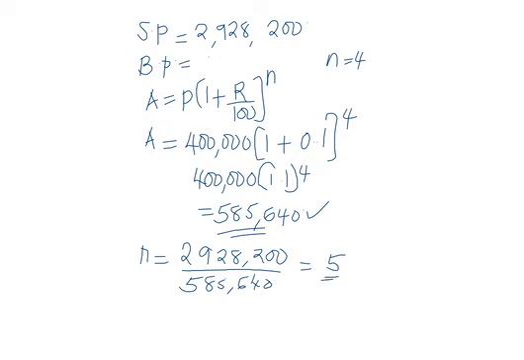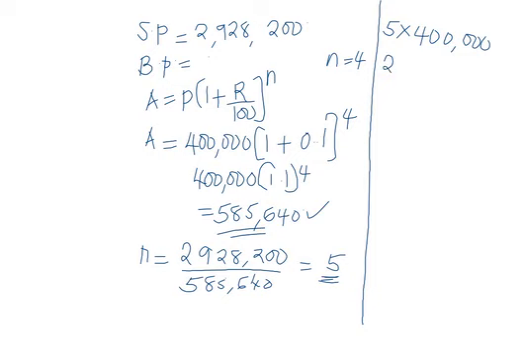Now if we know the number of plots is 5, then we can get the buying price, or the amount spent to buy the plots, and that is given by 5 multiplied by 400,000, which was the value of the plot. When we multiply, you will get 2 million, and this will be our buying price.